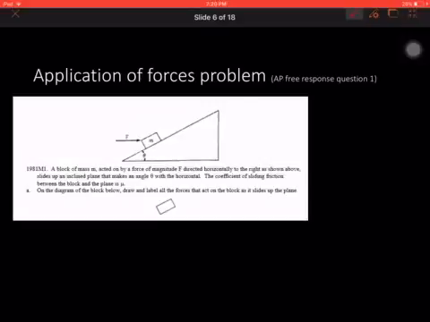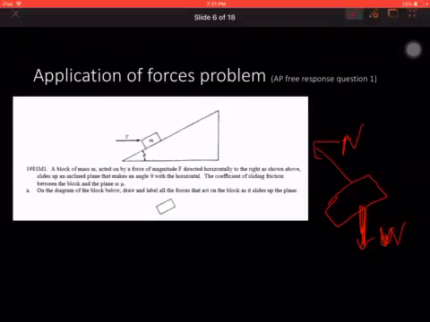We have a block. So this is the normal force because it's perpendicular to the surface, and then this will be our weight force, which is just directly down from the center of the object.